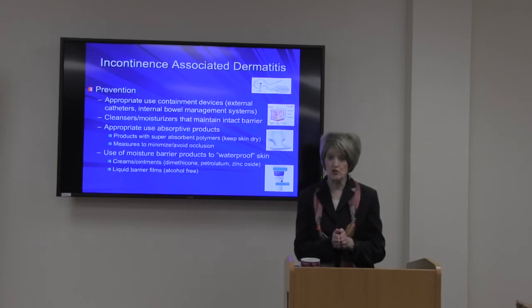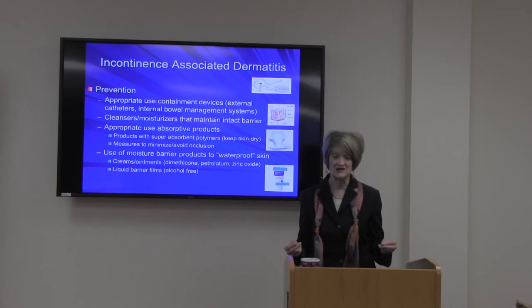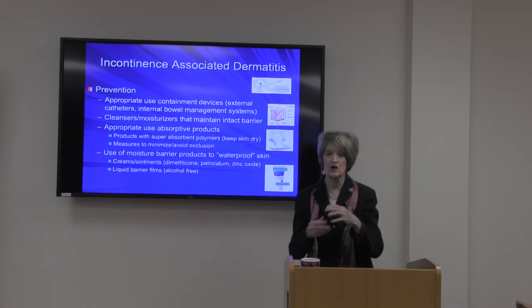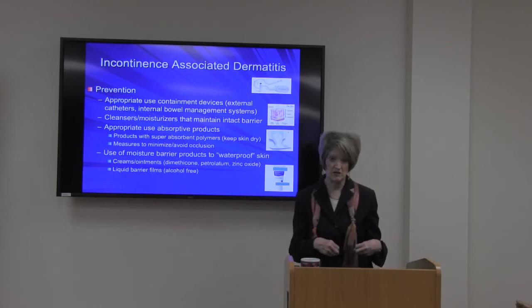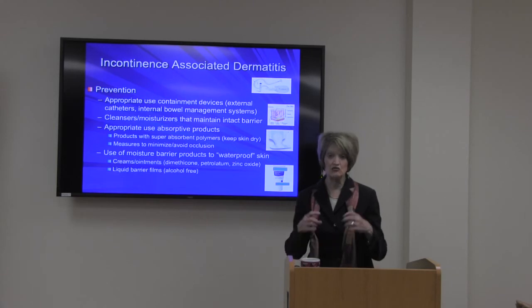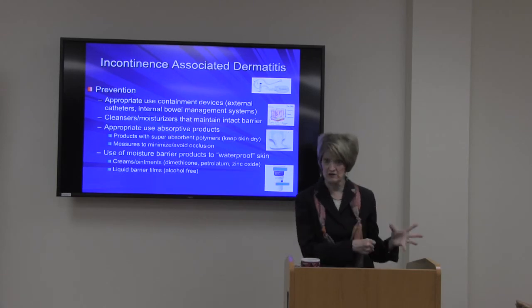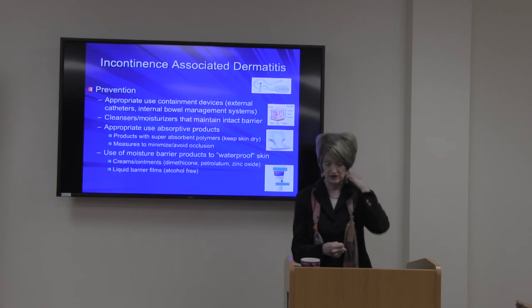We can either use products that have at least a semi-occlusive outer layer, or we can leave the products open while the patient's in bed so that the urine, the stool goes onto the absorptive surface, but it's not closed up around the patient. And we can limit use of closed briefs to periods of time when the patient's out of bed off the unit.